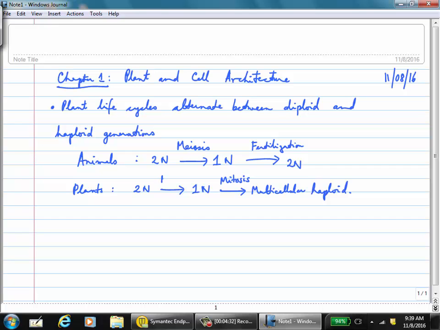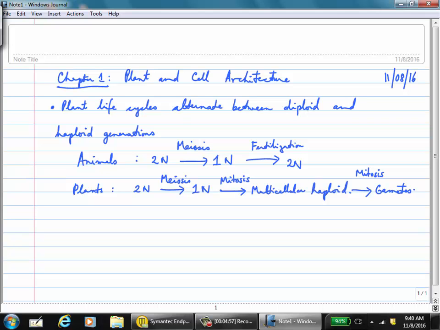So meiosis happened here already. So it's going to produce a multicellular haploid, and then that will produce an egg or a sperm, not by meiosis, but by mitosis, because you don't need to halve the number of chromosomes. So by mitosis, it is going to produce the gametes. So that's why you have 2 different kinds of generations.